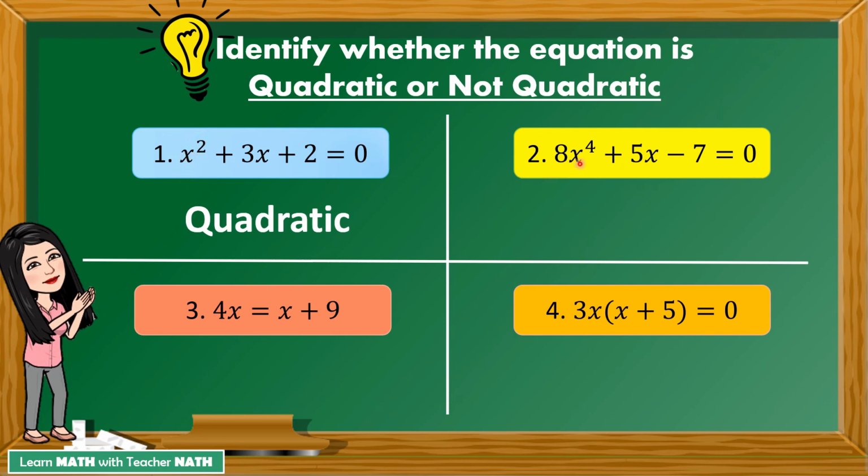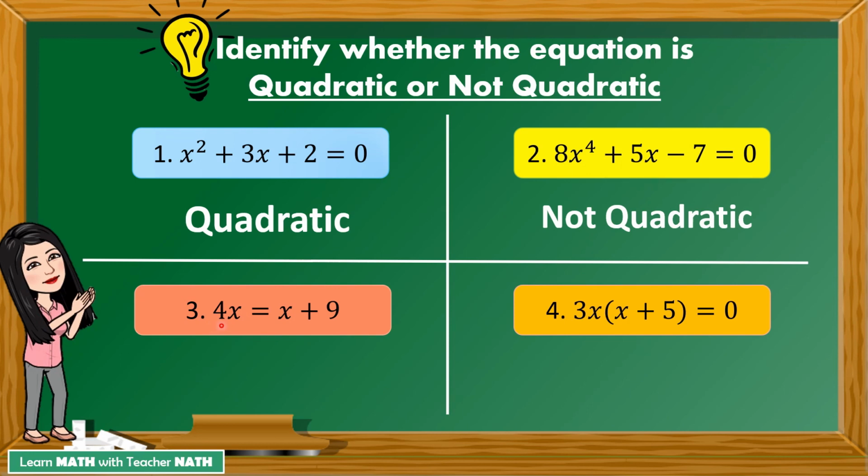Second, we have 8x raised to the power of 4 plus 5x minus 7 is equal to 0. Is this quadratic or not quadratic? Yes, that is not quadratic because the degree of this term is raised to 4. Meaning to say, this is not quadratic. Lumampas na siya doon sa second degree.